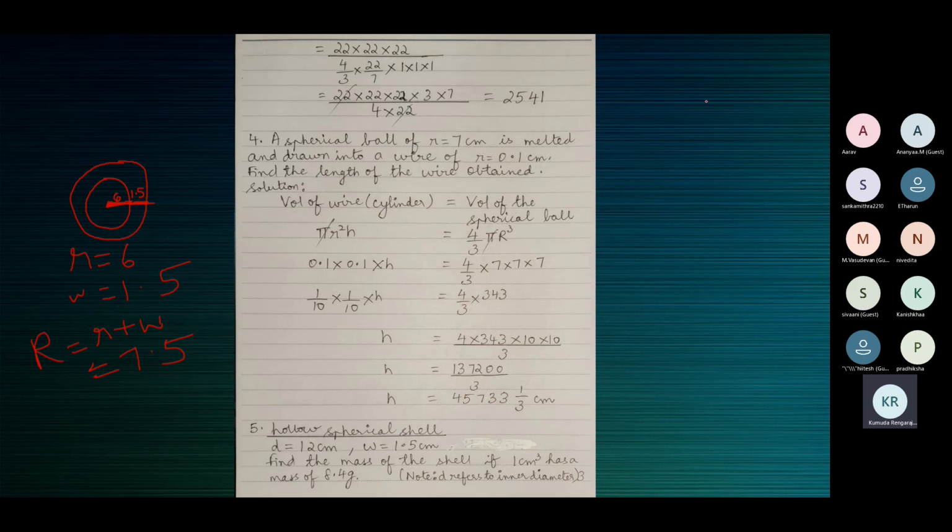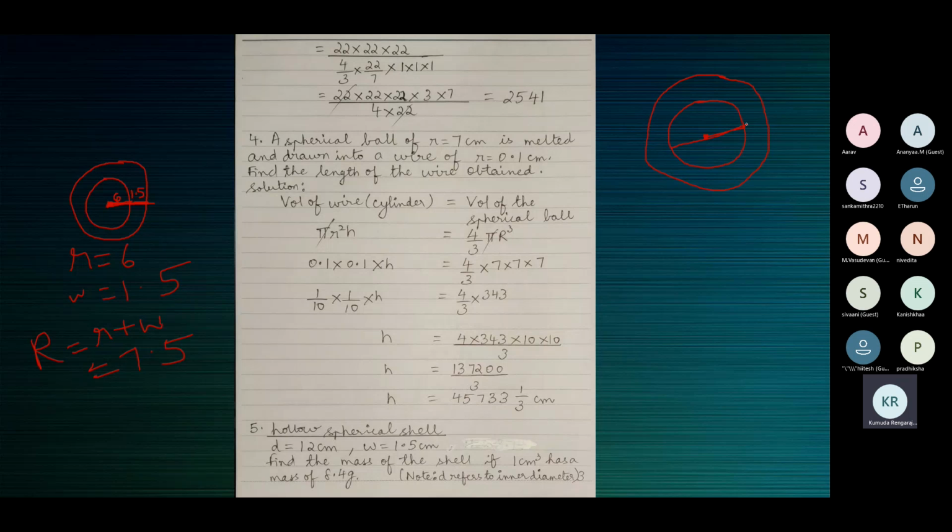If you want to go with the diameter, and find the outer diameter, what is the inner diameter?